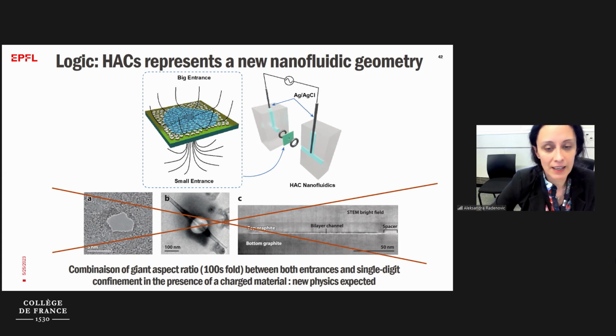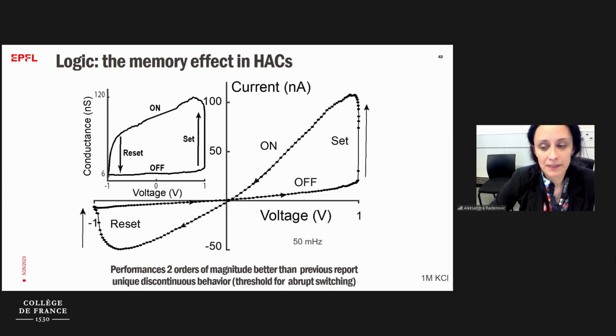So similarly to your work, Lydéric, we placed this chip in a nanofluidics system, and instead of applying regular DC voltages, we apply AC voltages. And what do we see?